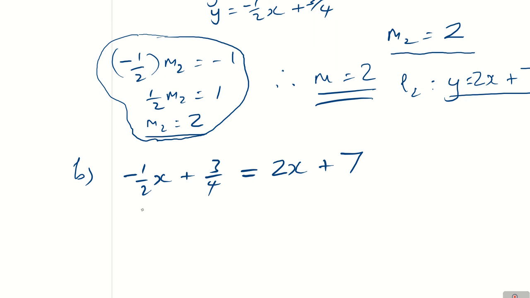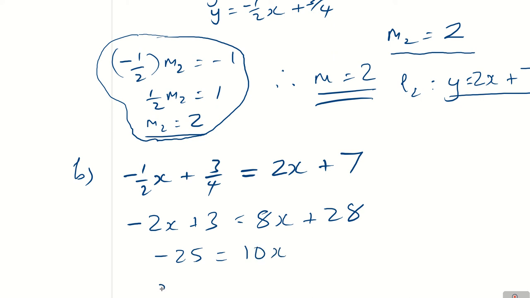If we times both sides by 4, that's going to give us minus 2x plus 3 equals 8x plus 28, which means that if we move the numbers over to one side, 3 minus 28 is minus 25, 8x plus 2x is 10x, so we end up with x equals minus 25 over 10, which is minus 2.5. So we've done it.